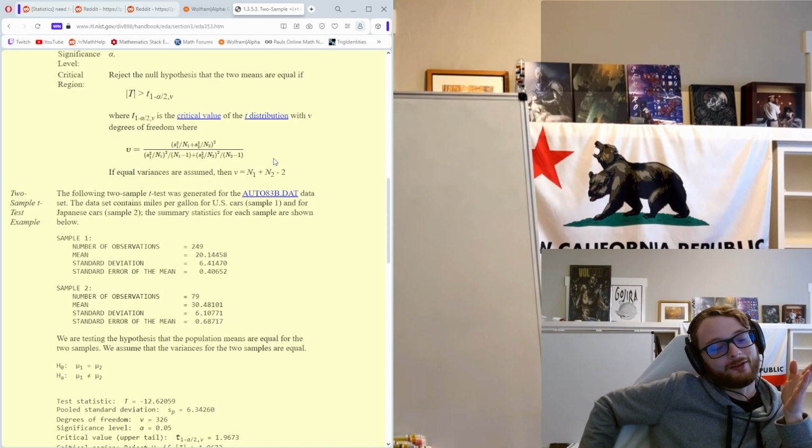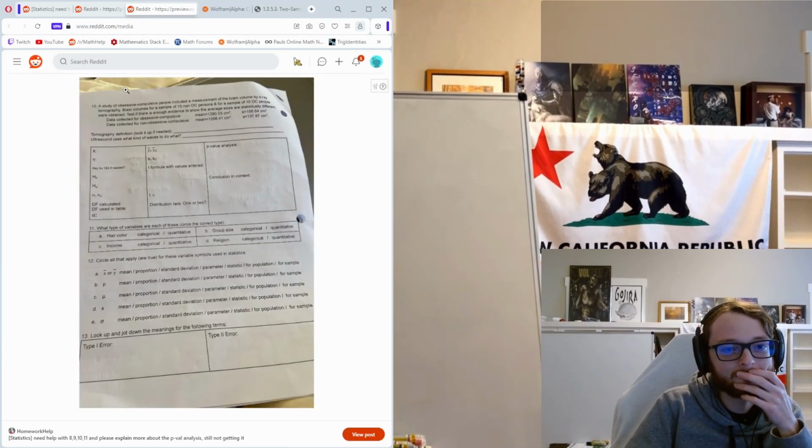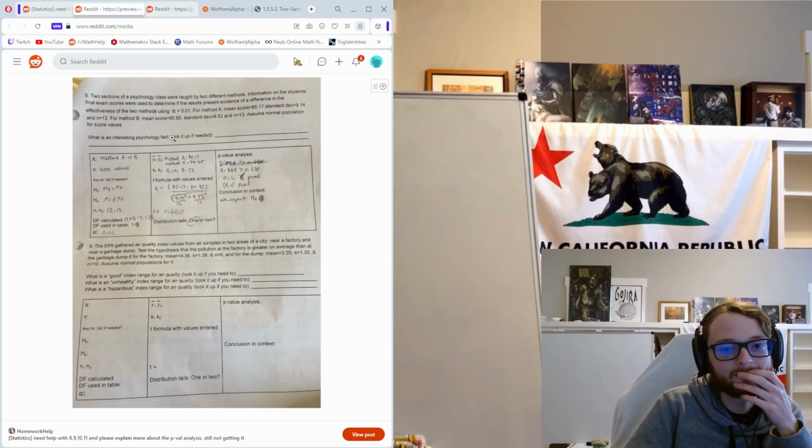Unless you have equal variances, but we're given the variances and they're not equal. 9.14 and 8.52. I wonder if they were taught to do that anyway, though, if they're close enough. Ah, man.